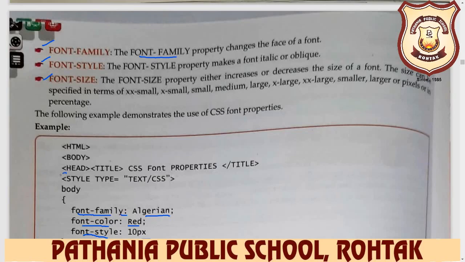Then close the CSS. So learn this point: the font family property changes the face of a font. The font style property makes a font italic or oblique. Font style. Here we use 10 pixels.